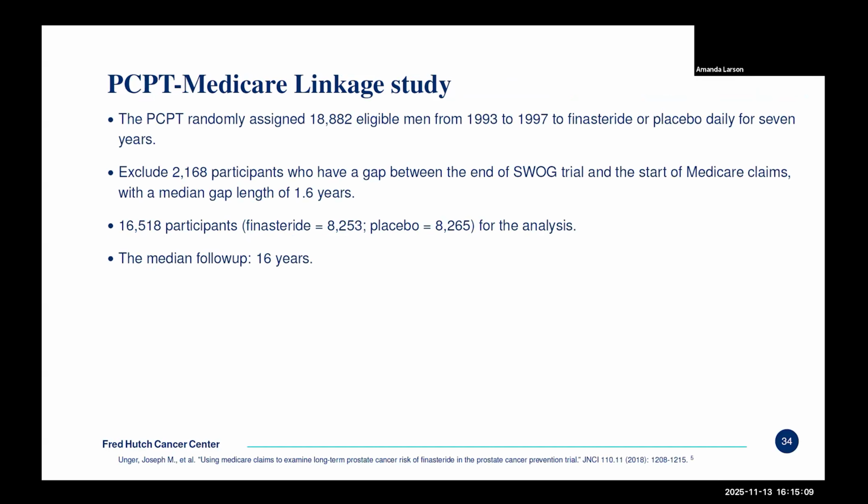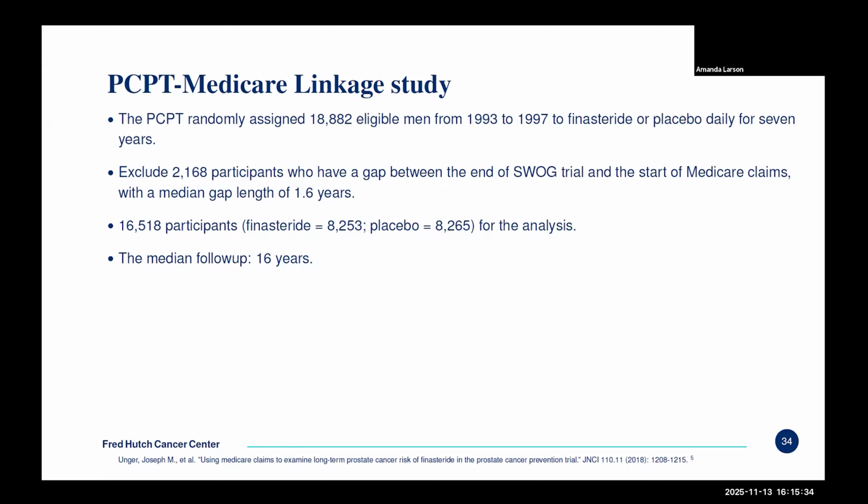So for the study, this PCPT Medicare linkage study randomly assigned 18,000 men in the mid-90s. We excluded about 2,000 participants who have a gap between the end of the trial and the start of Medicare claims.